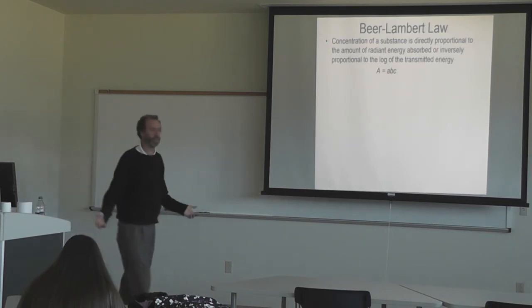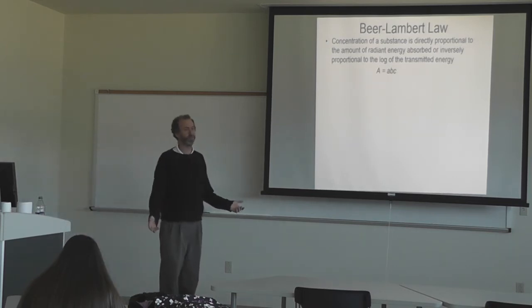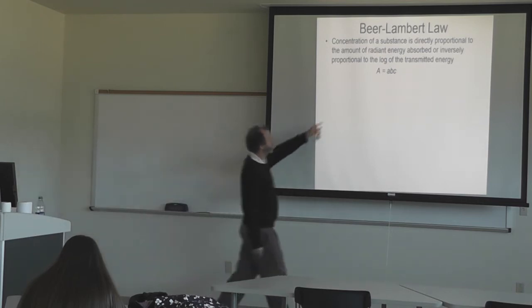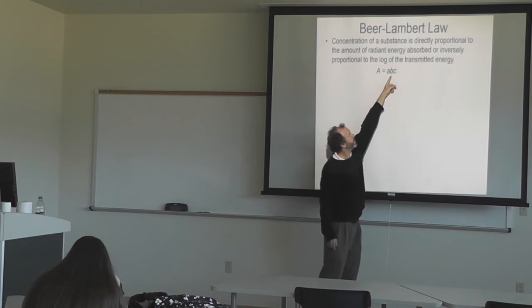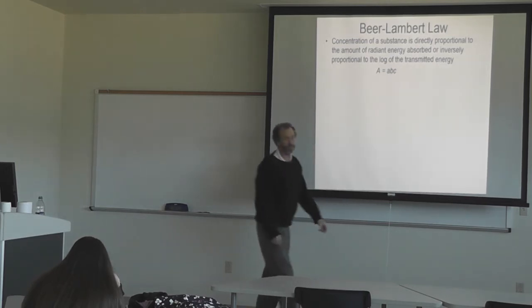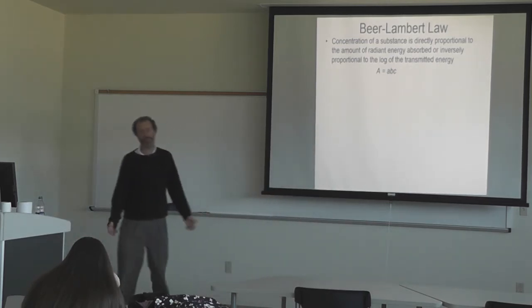And this is the equation. It's a pretty simple equation, right? Big A equals abc, where big A is the absorbance, little a is the absorptivity constant, b is the path length, and c is the concentration.